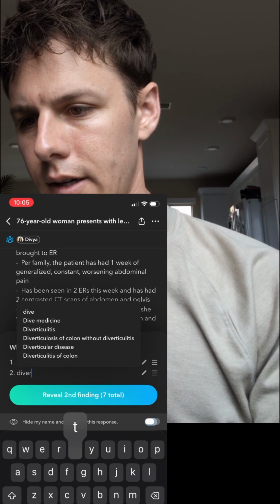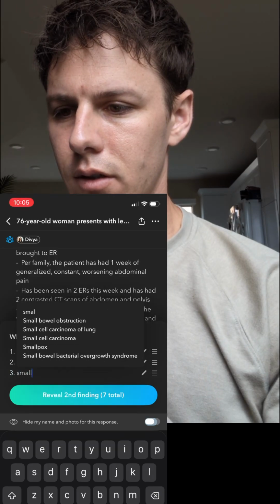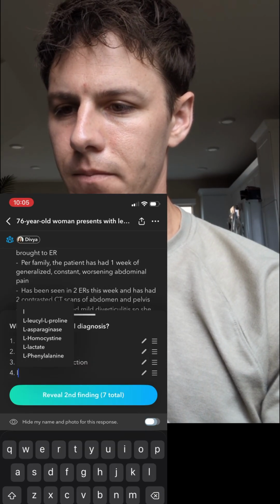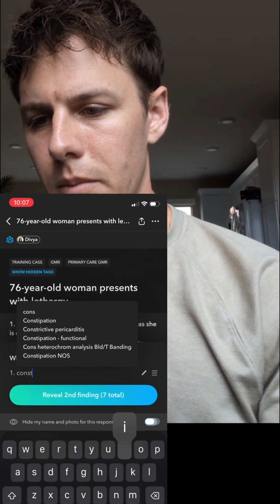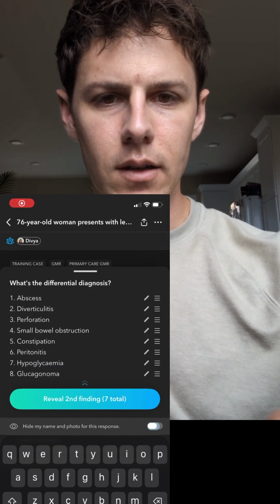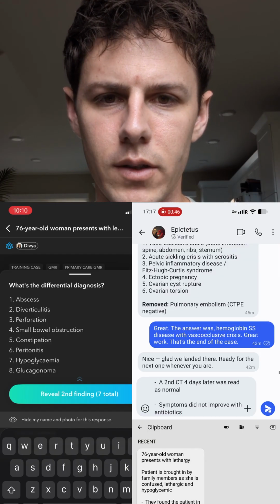Symptoms did not improve with antibiotics. My differential: hypoglycemia, diverticulitis, small bowel obstruction, large bowel obstruction, perforation, abscess, peritonitis, constipation. Let's see what the AI says. I'm using Qwen 3.6.